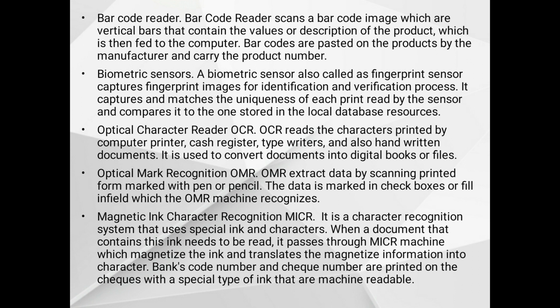That is the analog description of the product number of that particular product. Using a handheld scanner or a stationary scanner, that is a barcode reader, those vertical lines can be read, and the data goes into the computer, where the user can get more information about that product.